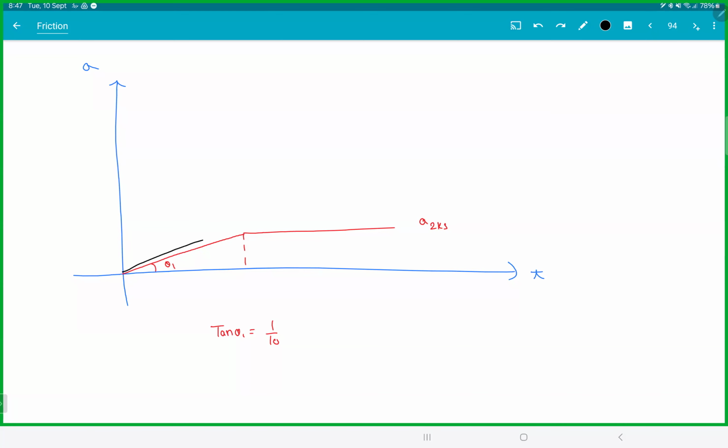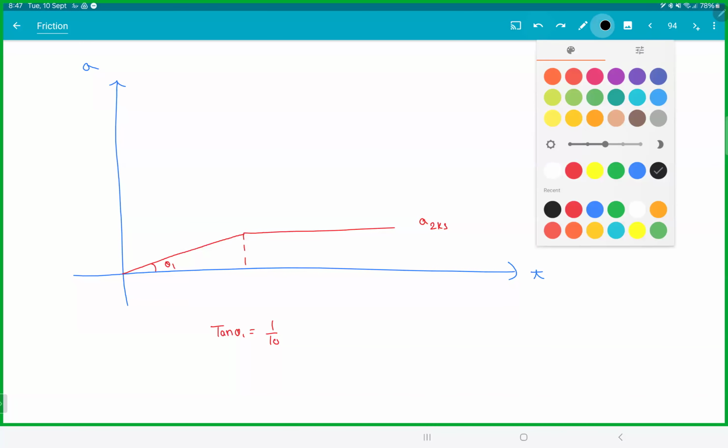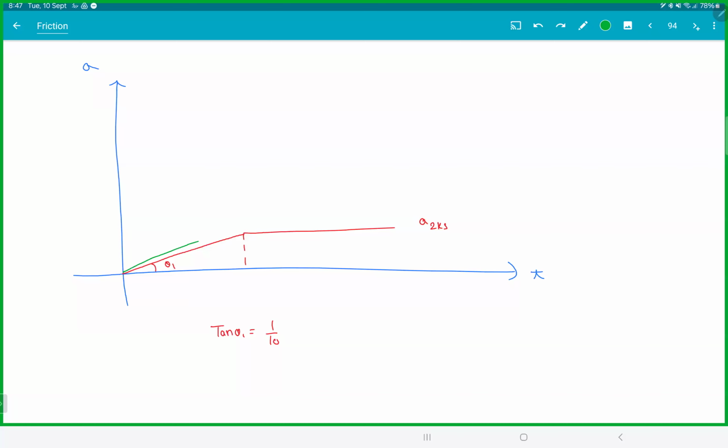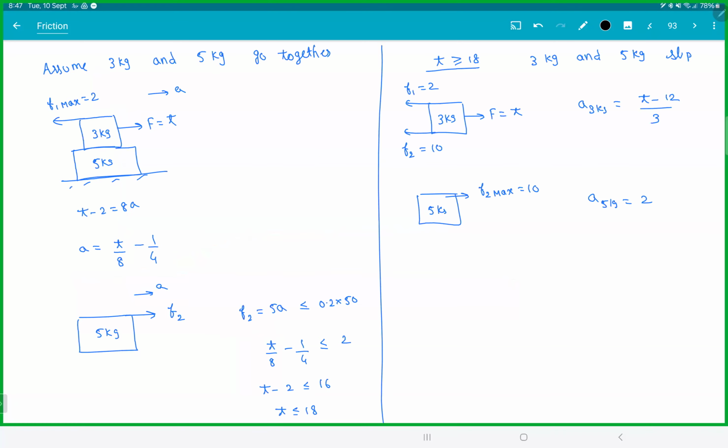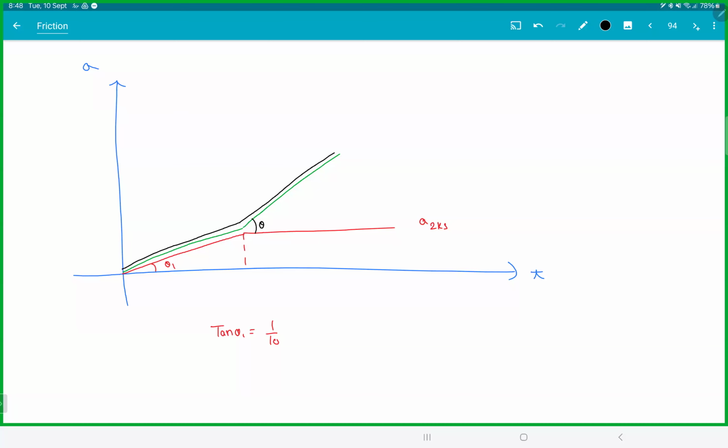Then the 3 kg goes like this, and then the bump up. So till here, both the 2 kg and 3 kg will be like this only. How much is this? t by 8 minus 1 by 4. This is theta 2, so tan theta 2 is 1 by 8.